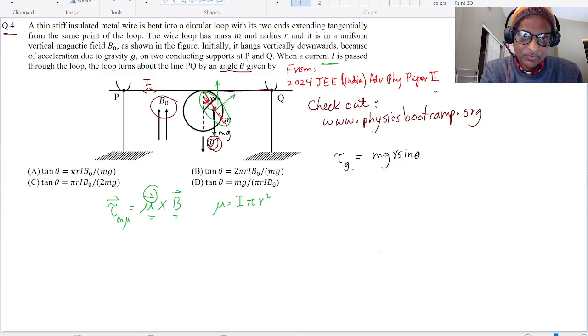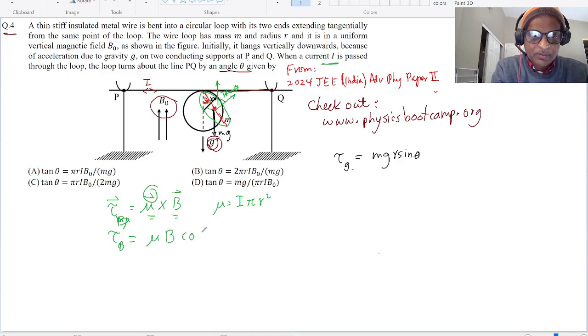So if this angle was theta, this angle will be pi over 2 minus theta, and so mu cross B is going to be mu B sine of that, that is, mu B cosine theta.